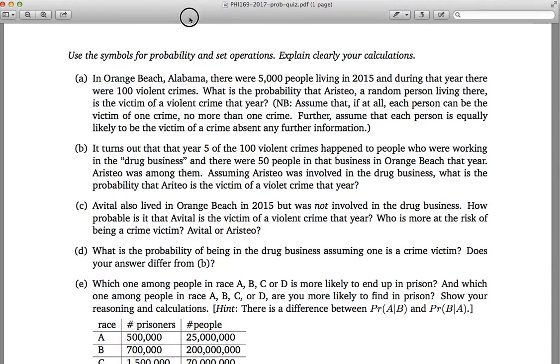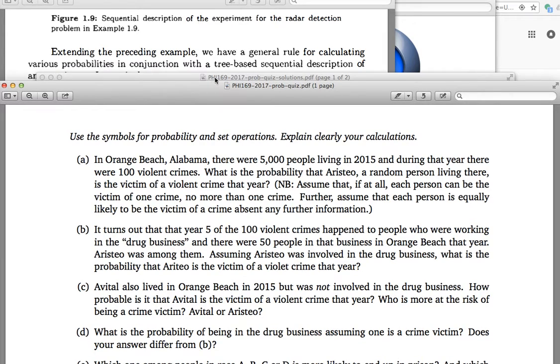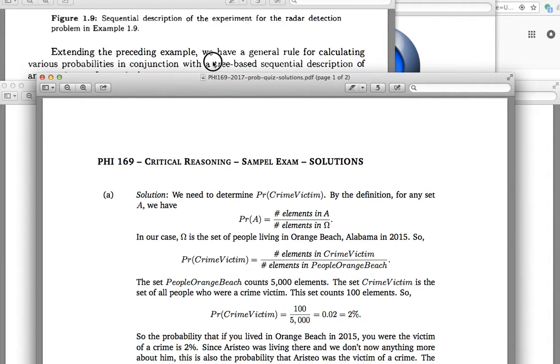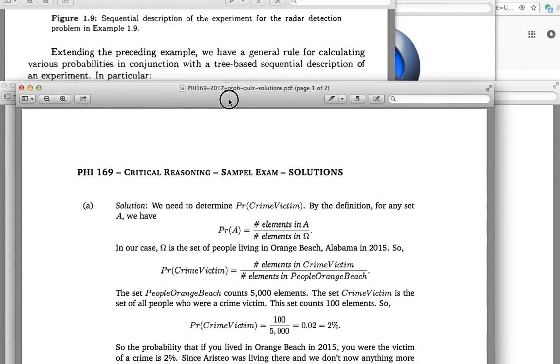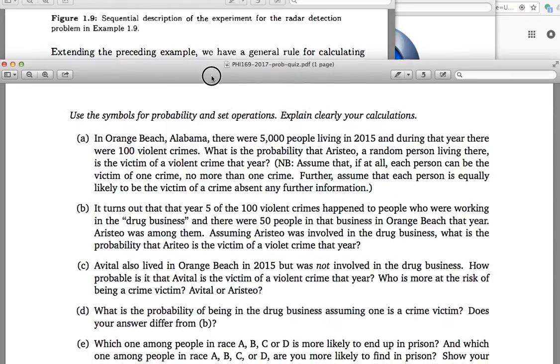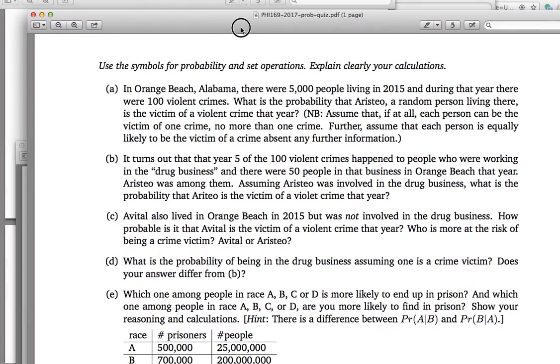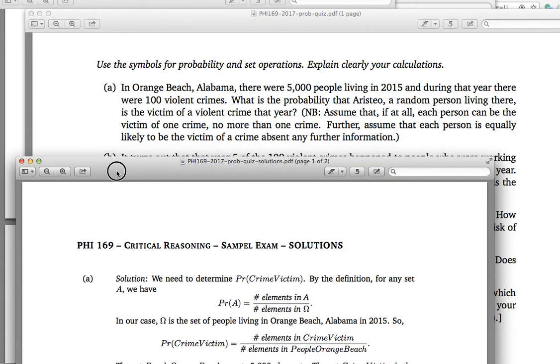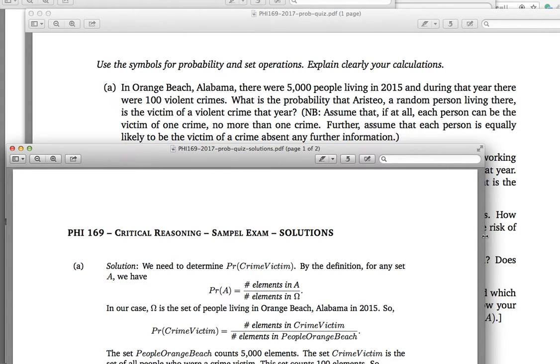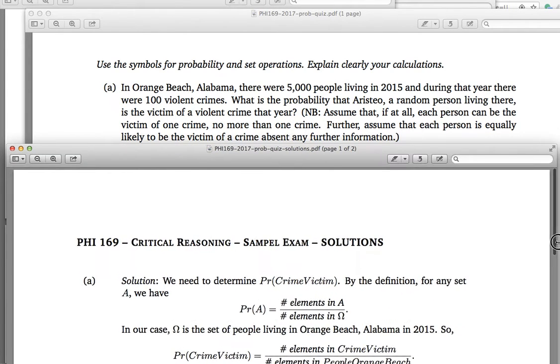How can you go about answering that question? So let me pull up the solution. Sorry. So here's the solution for question number 1. Let me have the question on top right here, and then the solution here at the bottom.